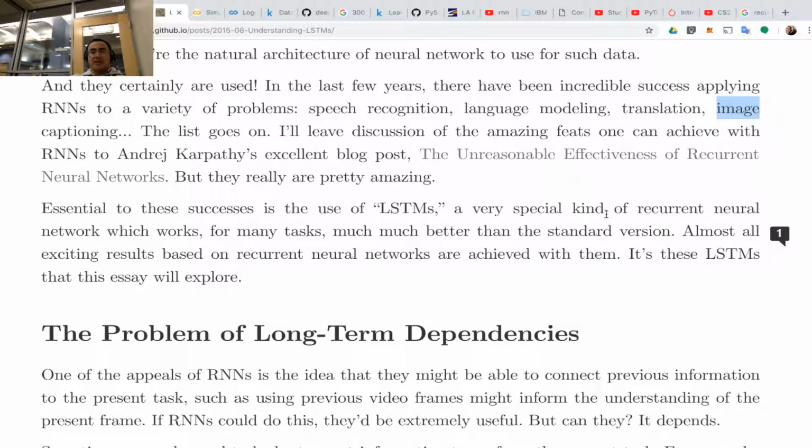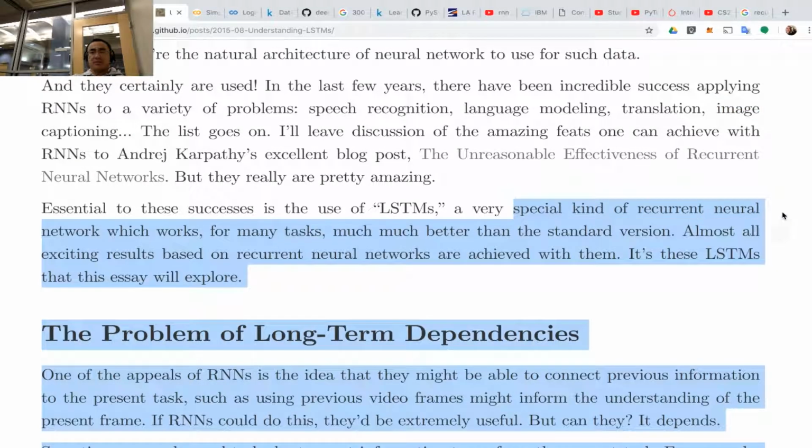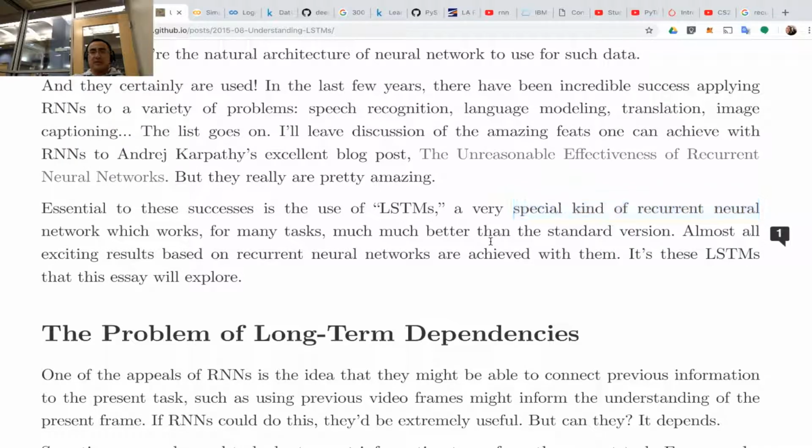So LSTM is a special kind of RNN, much better than the standard version. Almost all exciting results based on recurrent neural networks are achieved with them. It's this LSTM that this essay will explore.